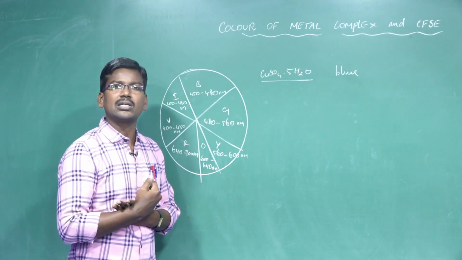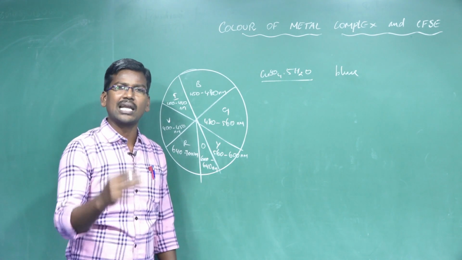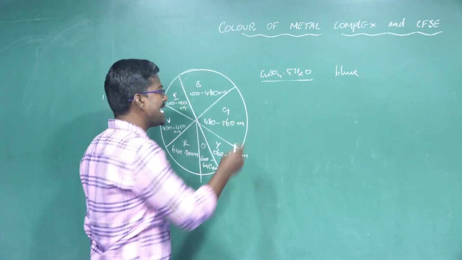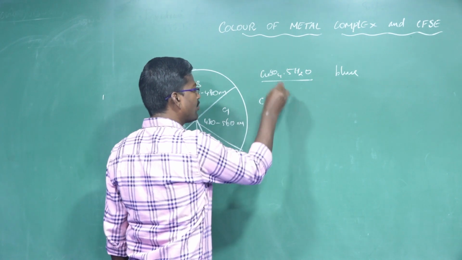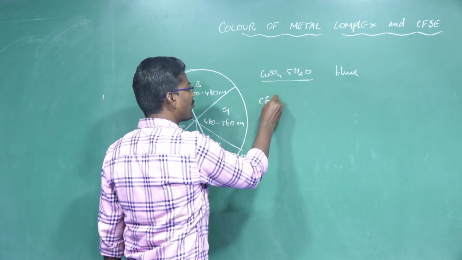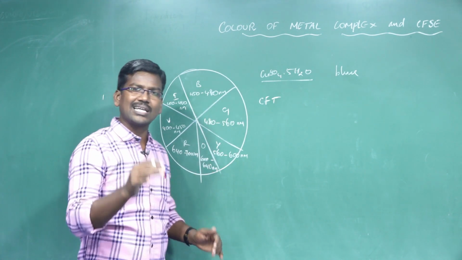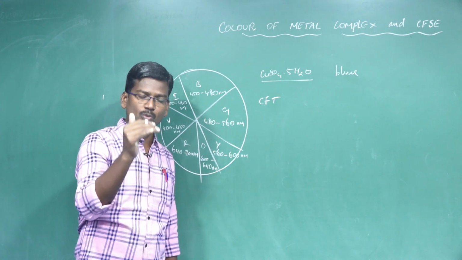The observed color of any organic compound, inorganic compound, or coordination compound can be explained by crystal field theory. The crystal field theory explains that most transition metal complexes are colored because of the excitation of an electron from one energy level to another.